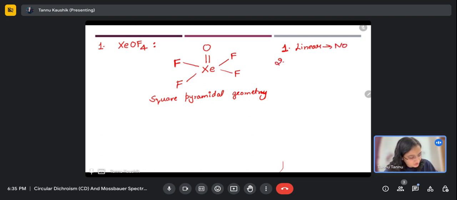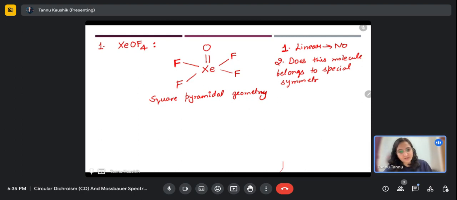Now the next question is, does this molecule belong to special symmetry point groups? It doesn't have tetrahedral or octahedral geometry.